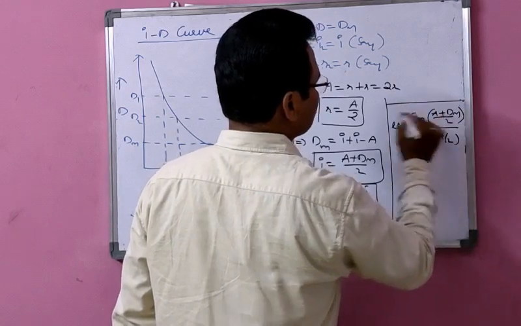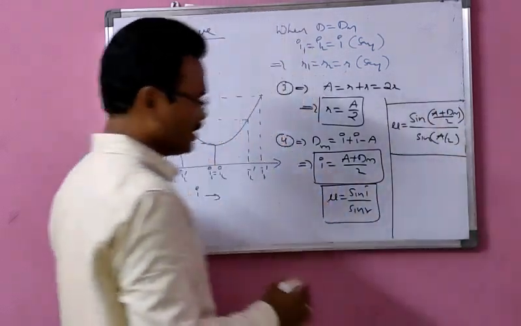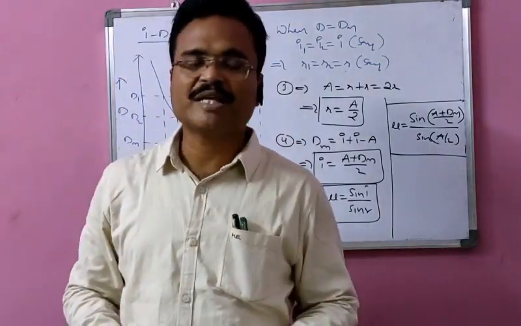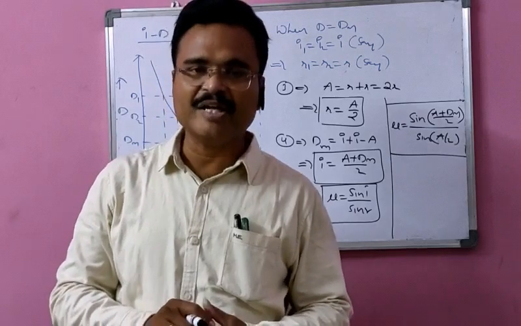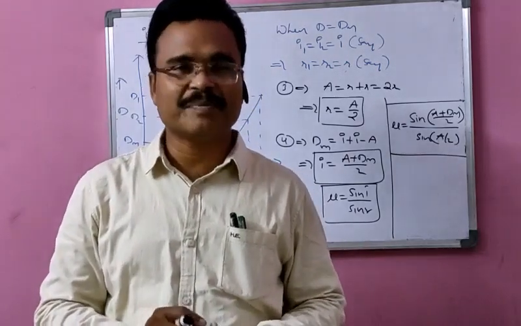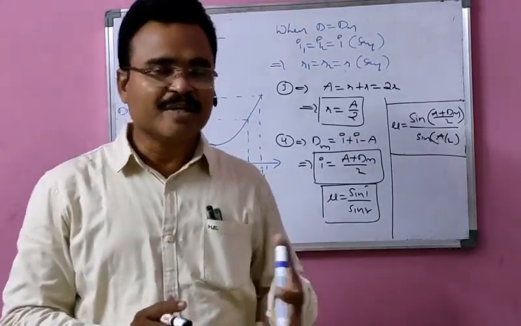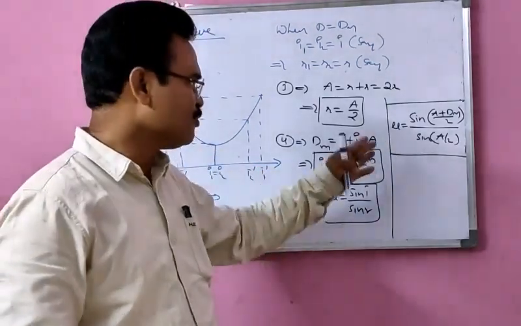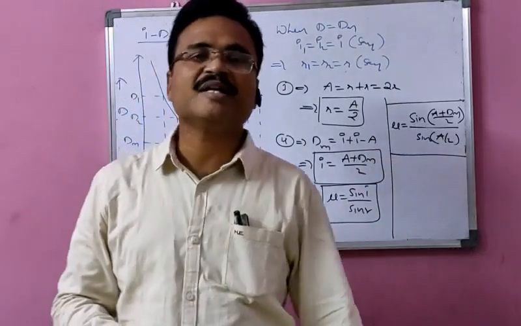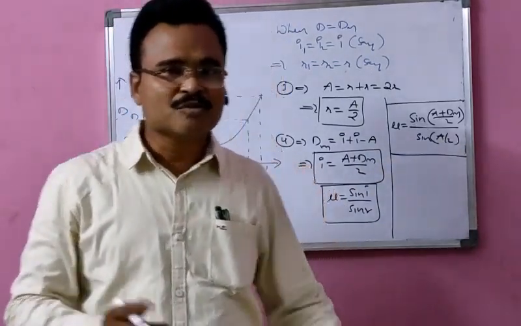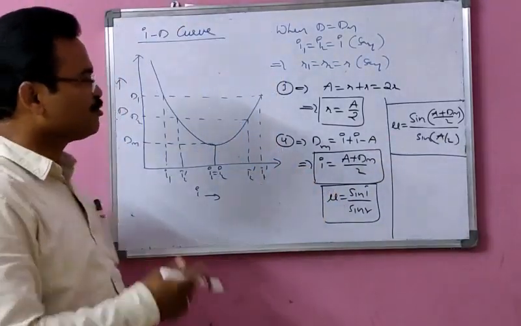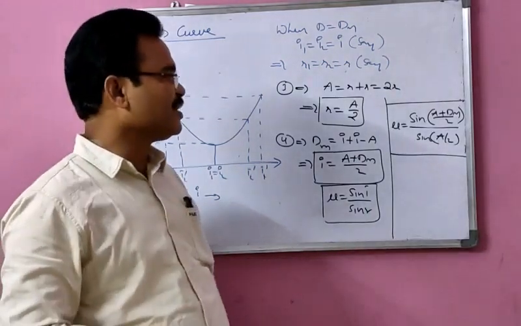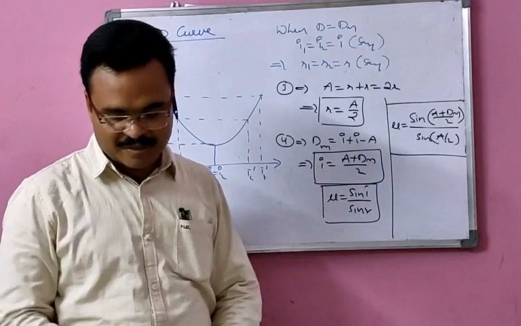So this is the expression to find the refractive index of the material of the prism, provided you know the angle of minimum deviation DM and the angle of the prism A. By using these quantities, we can find mu. Else, if you have the mu value and A, you can find the DM value too. So this is the refraction of light through the prism. Now let us get the relation between deviation and mu.